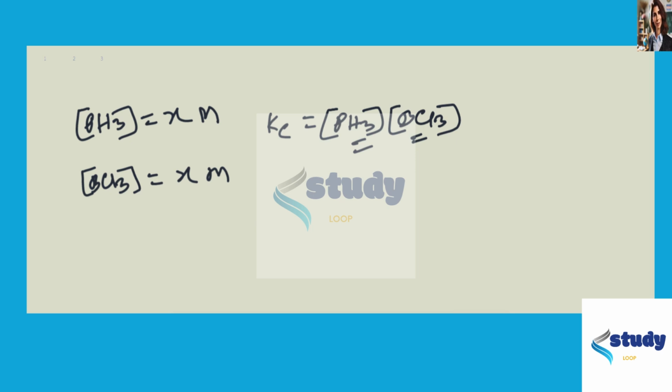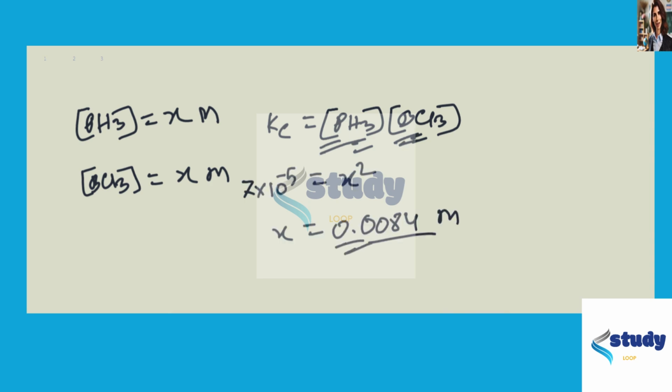Now we are given the reaction vessel volume as 1.5 liter, and it is said that 0.05 gram of BCl3 is added to the container.